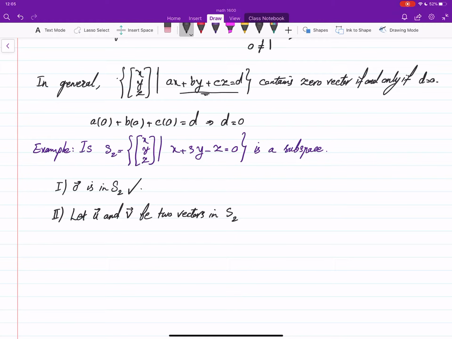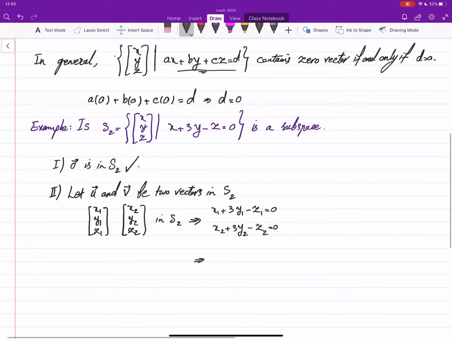That means that u has the components x1, y1, z1, and v has the components x2, y2, z2, and these are in S2. That means that x1 plus 3y1 minus z1 is equal to 0, and x2 plus 3y2 minus z2 is also equal to 0.